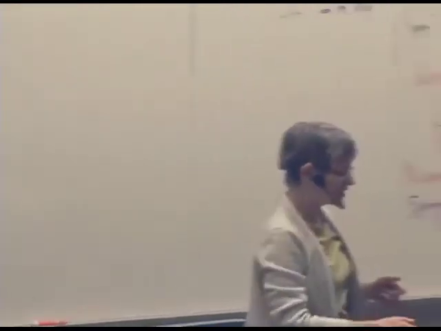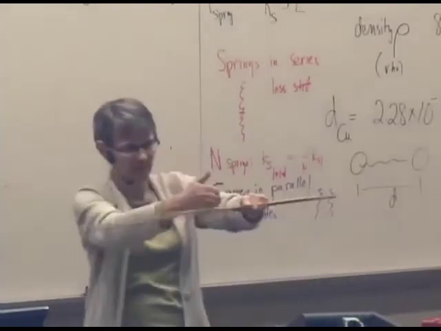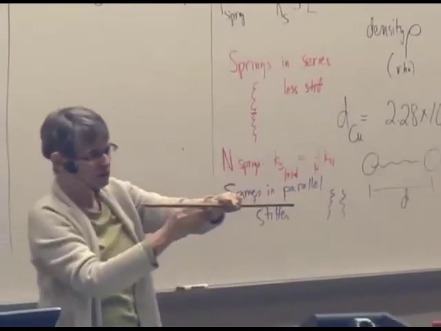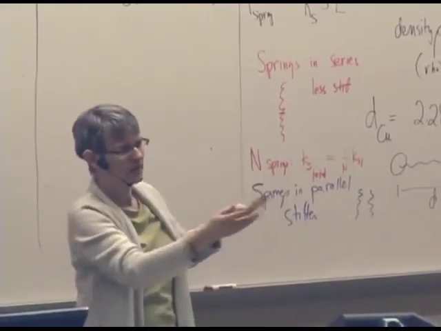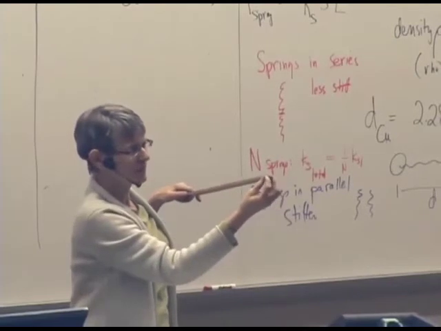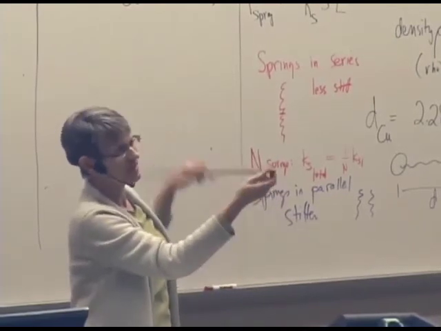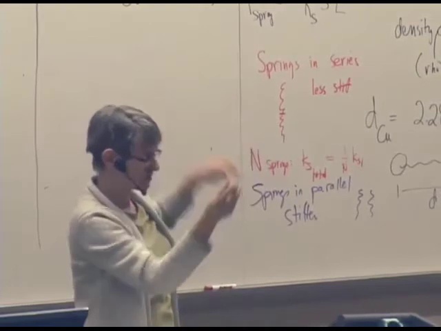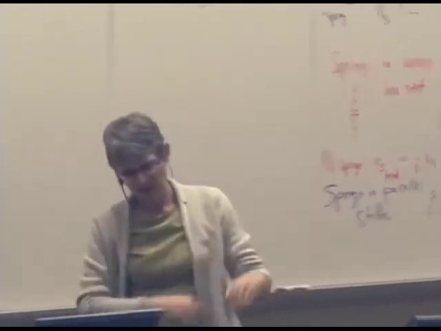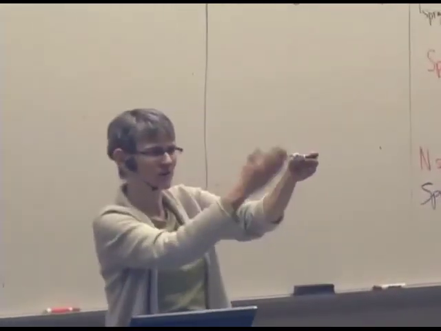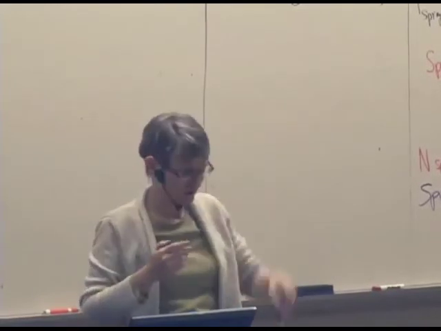What does cross-sectional area mean? It means when you slice through something and then you look at the area of the cut, it's the shape of that. So this meter stick has a rectangular cross-sectional area, but the marker, if we slice through it, would have a circular cross-sectional area.